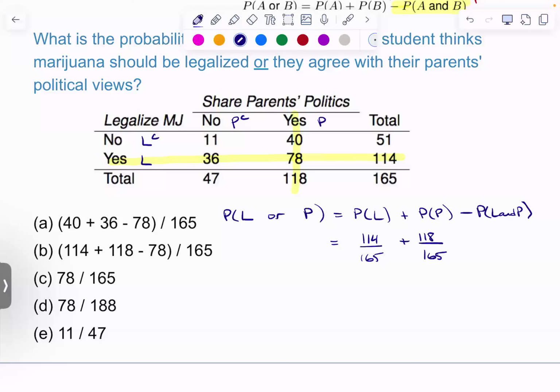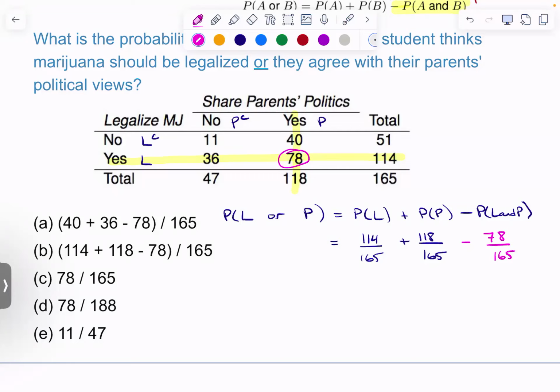But notice that I've counted this 78 twice. So I need to subtract that overlap, which happens to be L and P at the same time. So the probability of L and P is the 78 over 165.